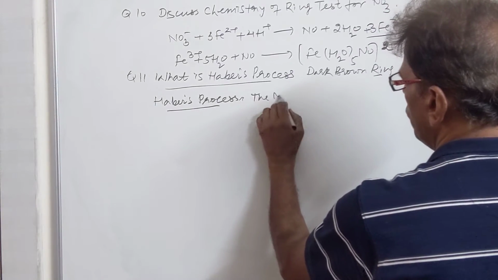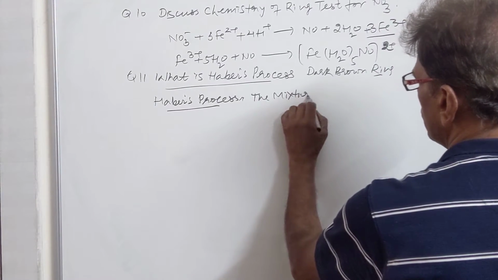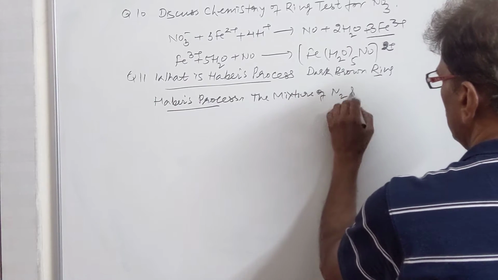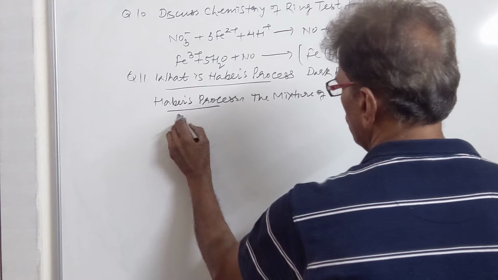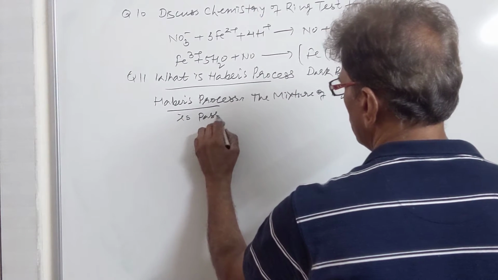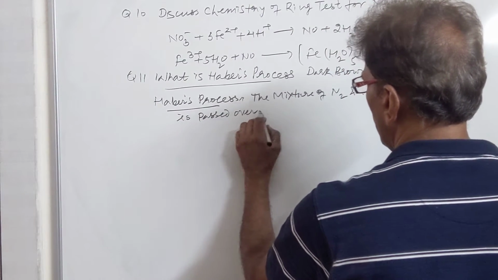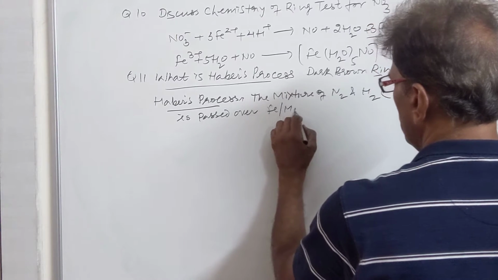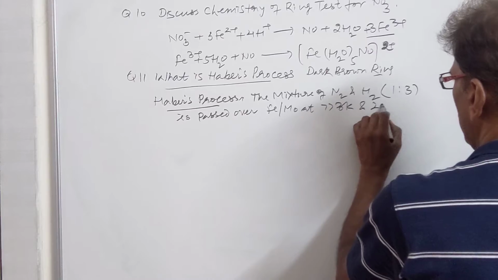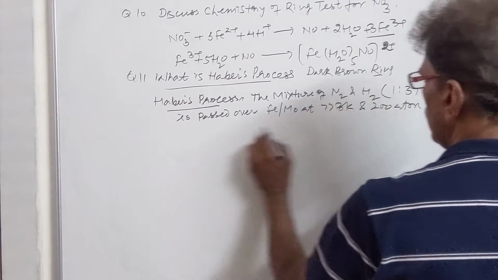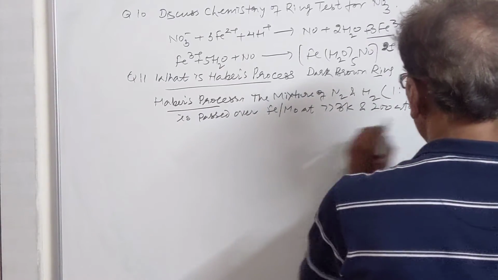The mixture of nitrogen and hydrogen in the ratio of 1:3 is passed over iron and molybdenum at 773 Kelvin and 200 atmosphere to get ammonia.